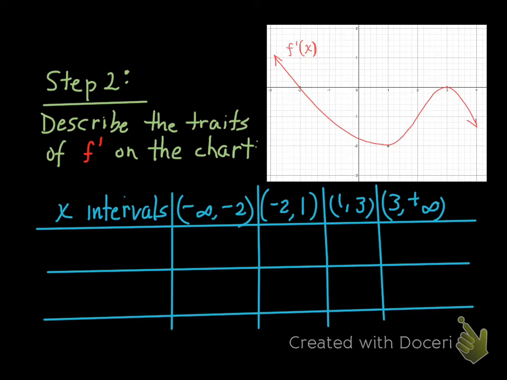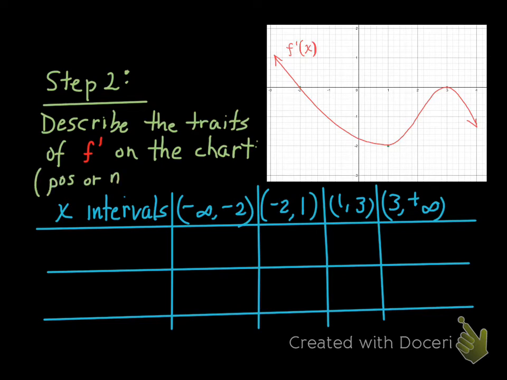Or does the graph live above or below the x-axis? That's the only thing I'm talking about. So one attribute is in each interval is f prime positive or negative, and secondly, in each interval is f prime increasing or decreasing. Those 2 descriptions, those 2 traits will provide for us clues for specific traits of f.